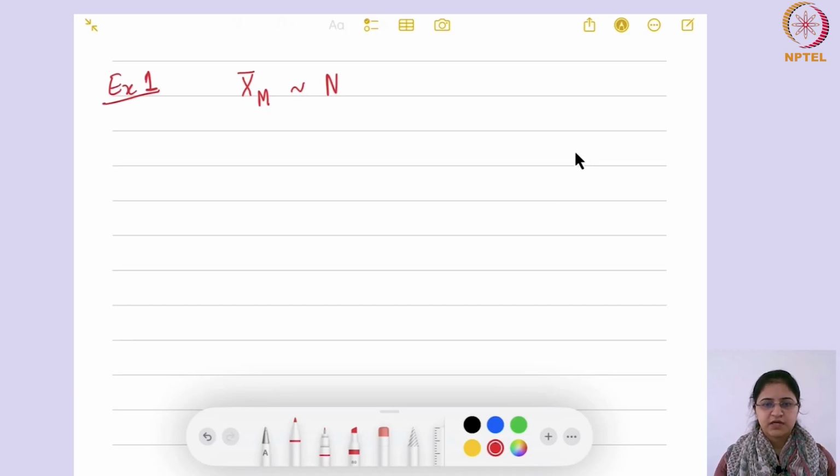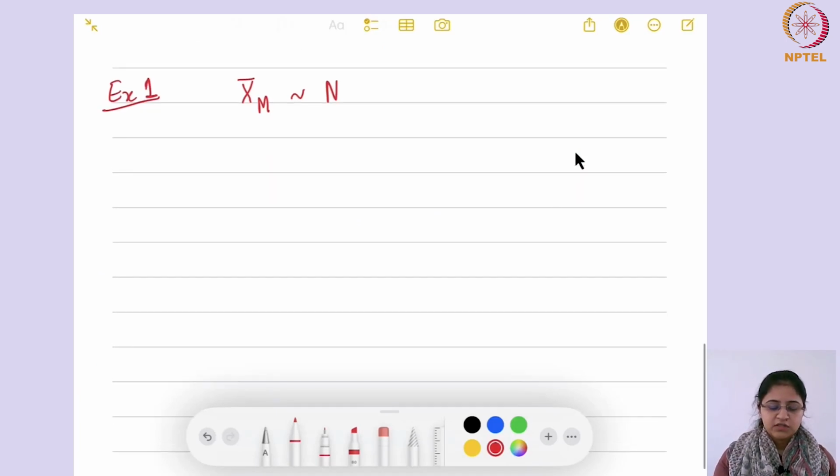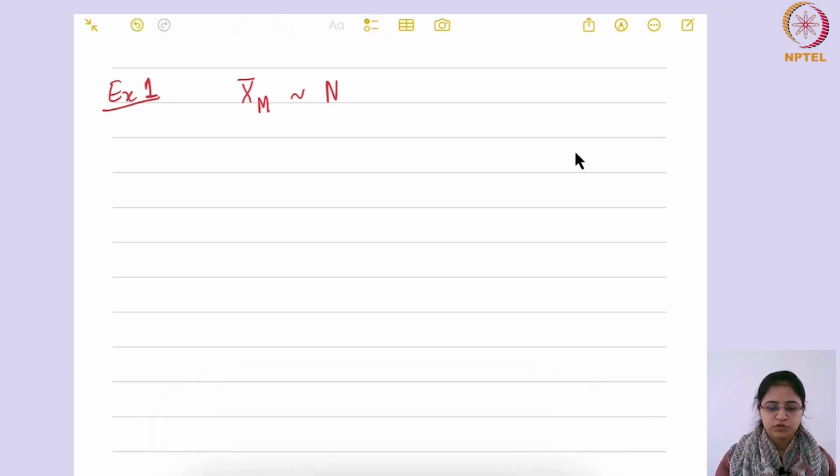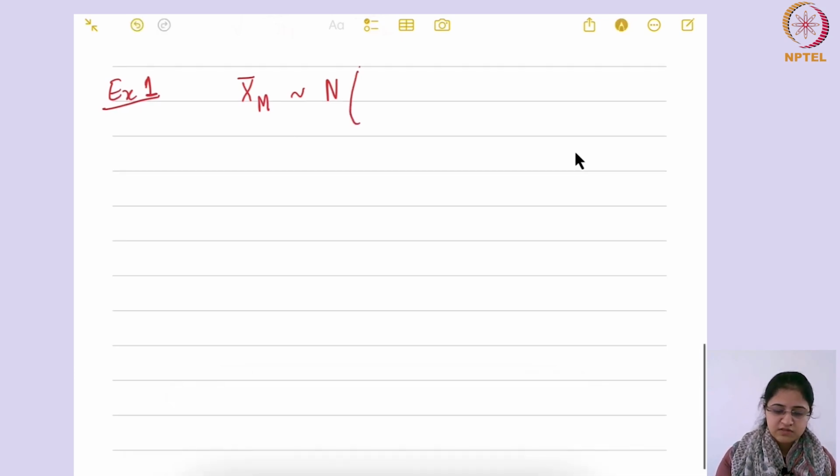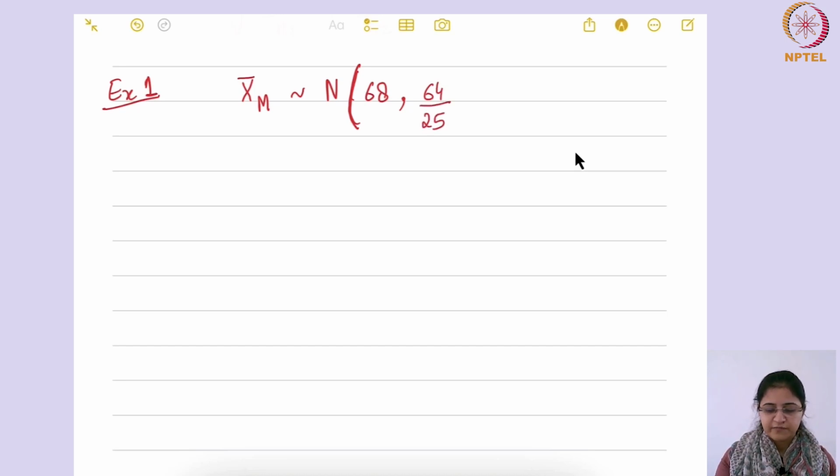In this example, the sample mean for Monday follows a normal distribution with mean 68 and standard deviation 8, which means the variance is sigma square by n, and 25 individuals were taken, so it is 64 by 25.